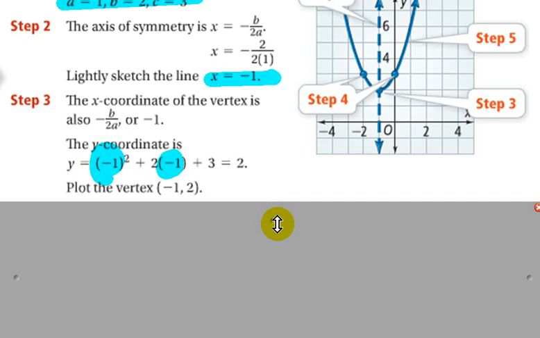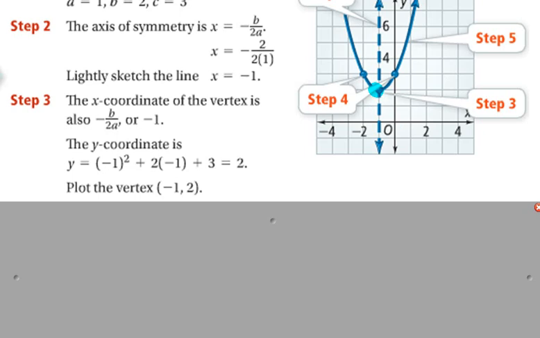And when you do, you get 2. So that's your y value. Y value is 2. So now we have our x, which was negative 1, and our y value, which is 2. So now we have our vertex. Let's plot that. So we go back 1 and up 2. Right. So it's right here.